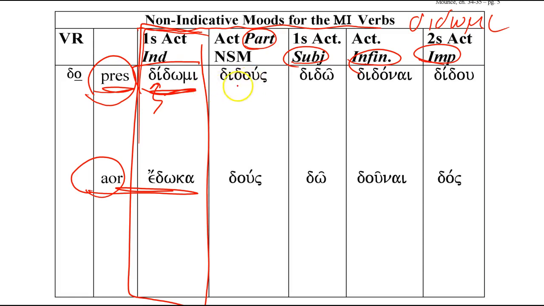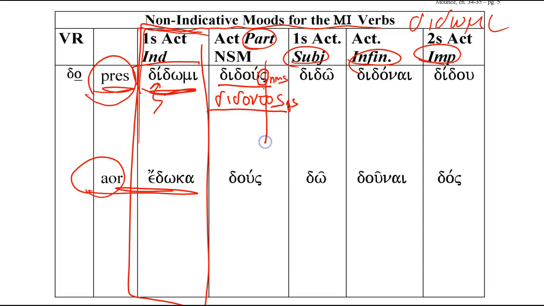So for the participle, the nominative masculine singular form is διδούς. And this is not as helpful because we really do need to know what the genitive singular form is. The genitive singular form is διδόντος, and we can see how from διδούς, the nominative masculine singular form is the irregular form, but from the genitive singular form, διδόντος, you have that same stem.